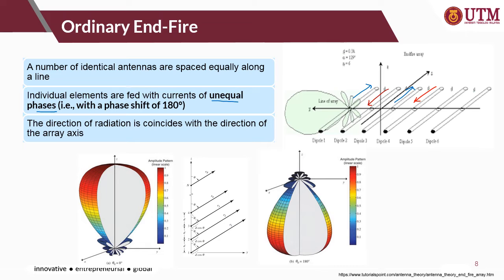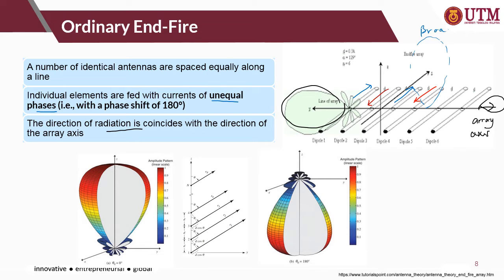And the direction of radiation for the end fire array antenna coincides with the direction of the array axis. Okay, if this is the array axis, the maximum radiation is along the array axis, either on this side or on the other side. Compared to the broadside, where the maximum radiation is perpendicular to the axis.